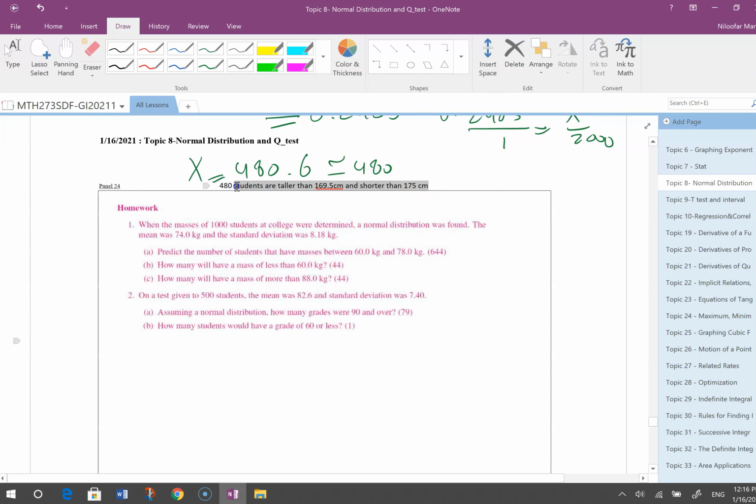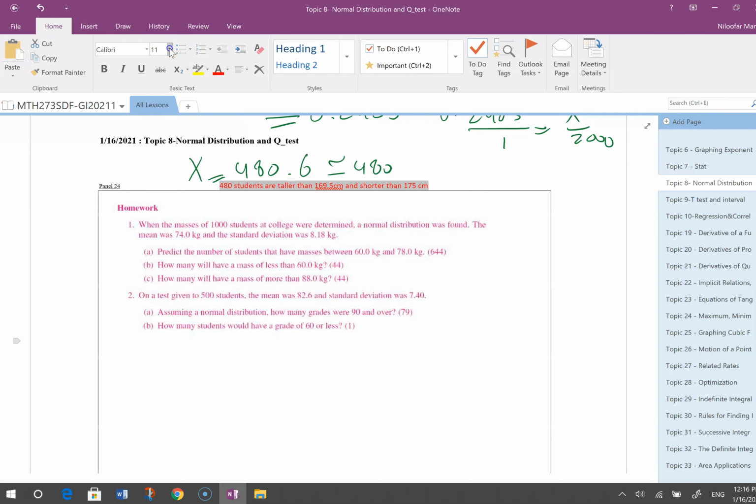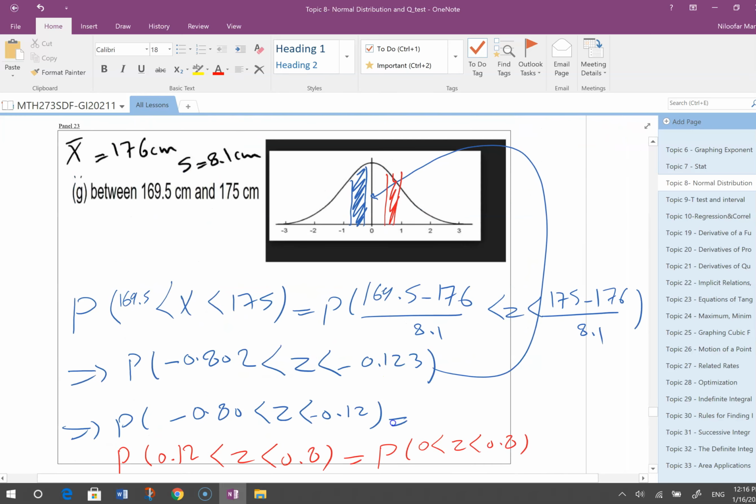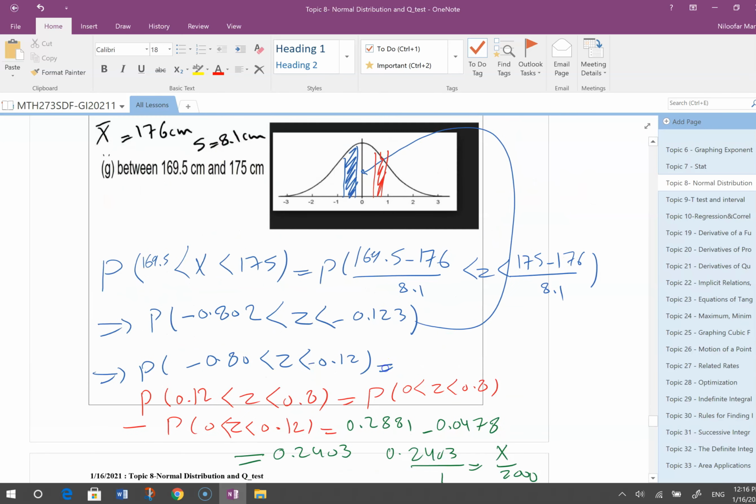See, I am doing the same strategy for all of them. I show the unit. I start from probability of x more than, less than, then I move to Z, then I calculate, then I round, then I go to the table, then I go to the graph to see what I can do, because I want to reach positive.